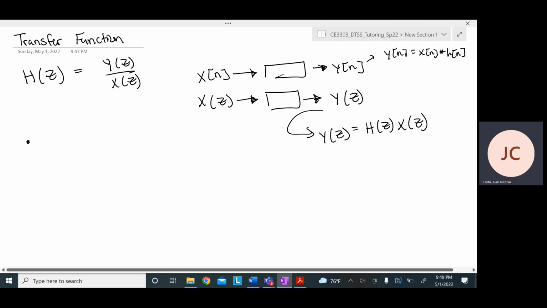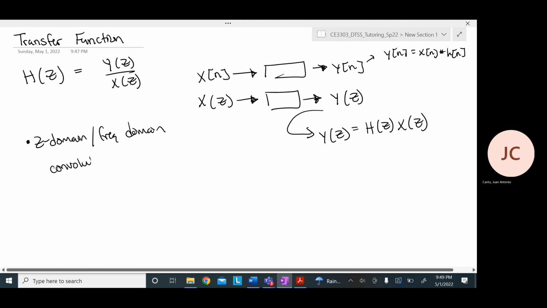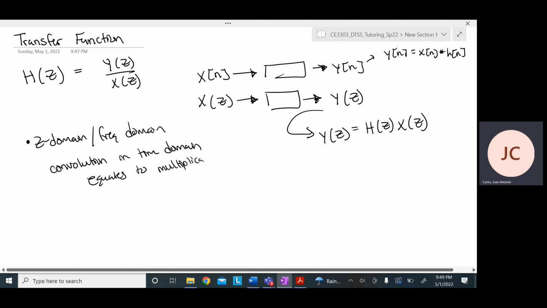Because the thing to note about the z domain and the frequency domain, same things basically, is that convolution in the time domain equates to multiplication in the frequency domain.